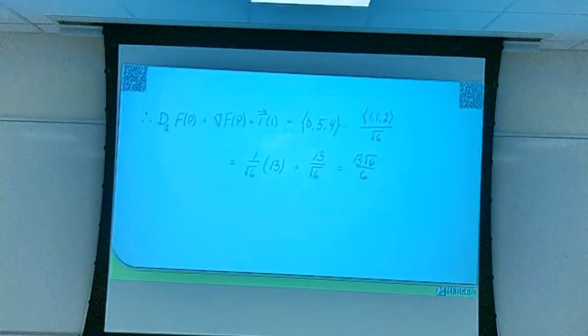I think the convention is if you're dealing with numbers, you generally rationalize it. If it's a function, you leave the square roots in the denominator. I think that's generally accepted notation, but it doesn't matter. I'd accept either 13 over root 6 or 13 root 6 over 6.